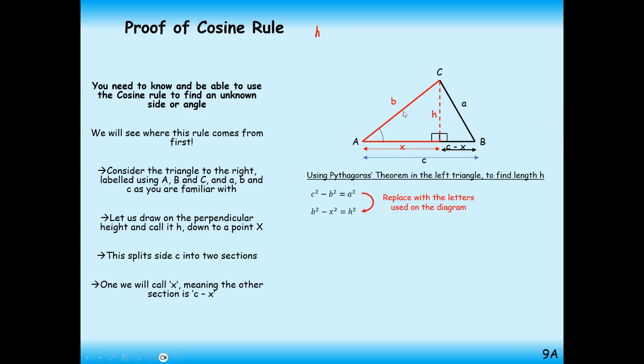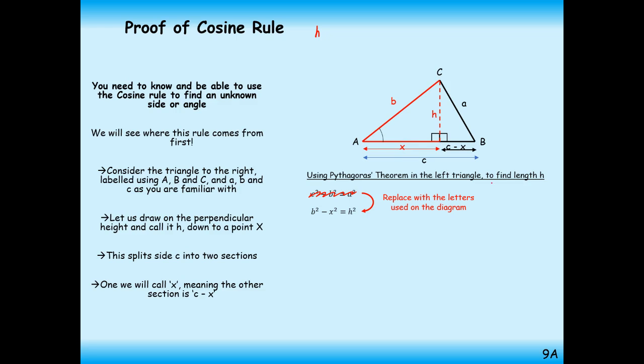We just say that b squared minus x squared is this h squared. Don't get confused with c squared, that's not talking about this c here. That's just talking about the Pythagorean triplets there. So our longest side, the hypotenuse, b squared, minus one of the shorter sides squared will give us h squared.